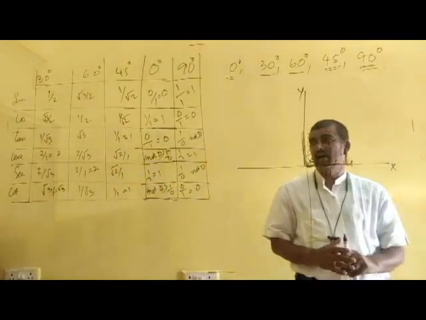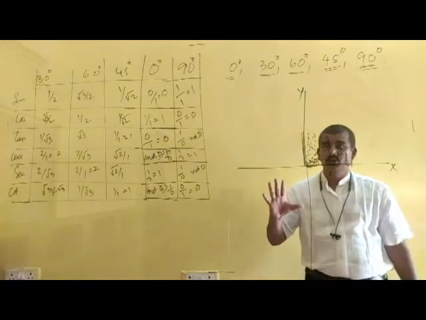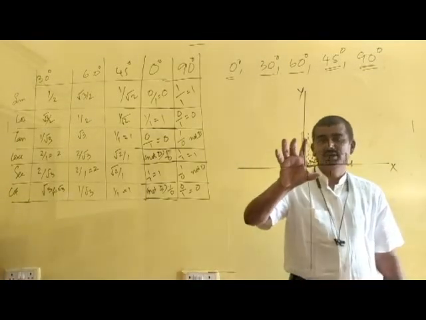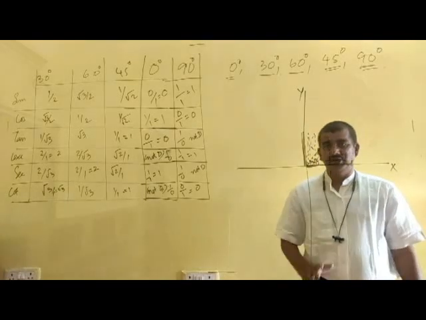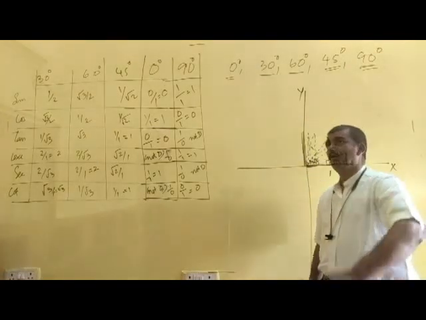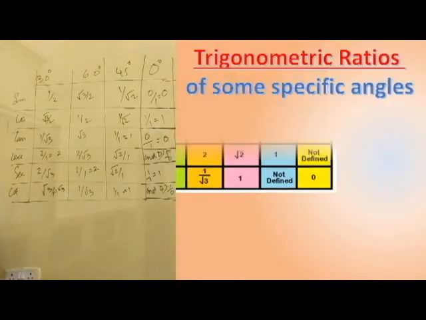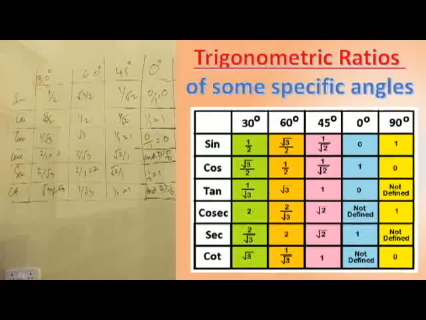So this is the chart which we have to keep in mind, and this is the figure which we have to fit in our mind to get the values of 0 degree and 90 degree. Are you clear, everybody? Now, do you want to learn these values by heart?